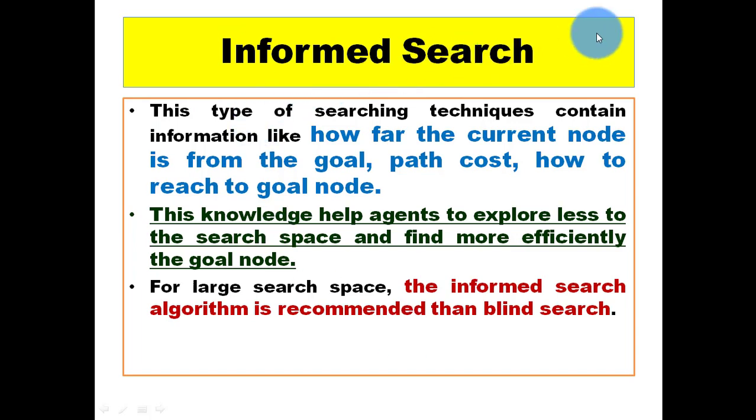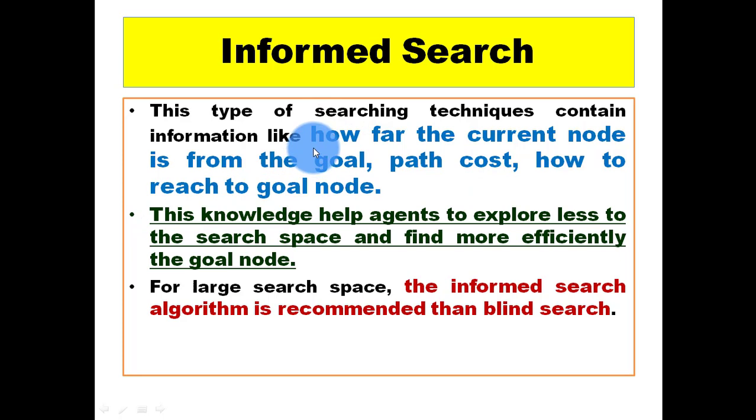So what is informed search? From the term, it is very clear that it will have information about the search technique, just opposite to the case of blind search technique that we have discussed in the last lectures. This type of searching technique contains information like how far the current node is from the goal, path cost, and how to reach the goal node.